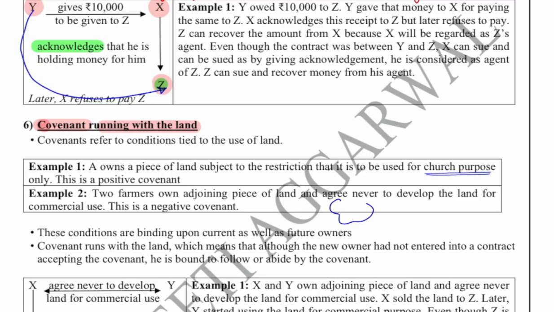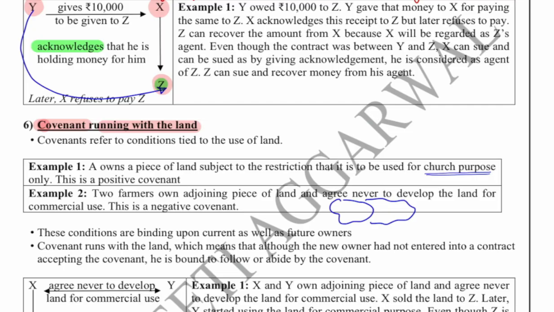Two farmers own adjoining pieces of land and they agree that we will never develop it for commercial use. We will always use it for agriculture. So this is also how land is to be used. See, the land is burdened with a covenant. Burdened means that these covenants are attached to the use of land. The land is burdened with these covenants.